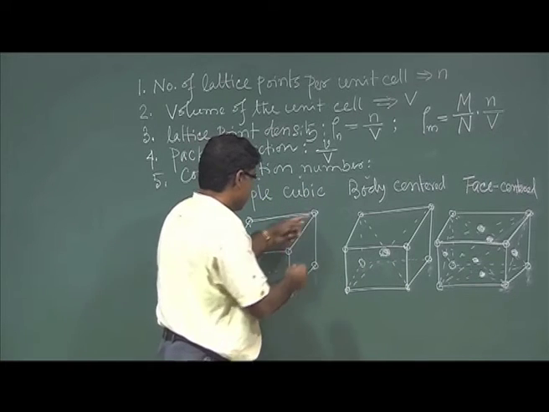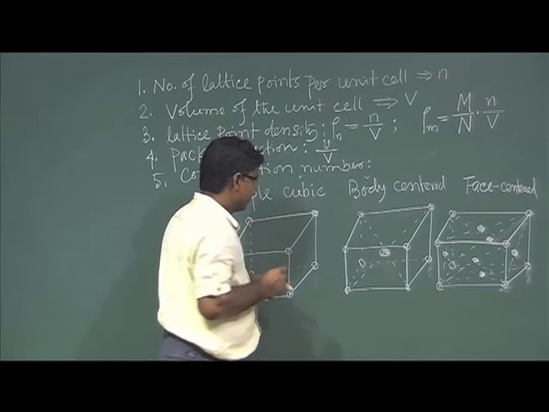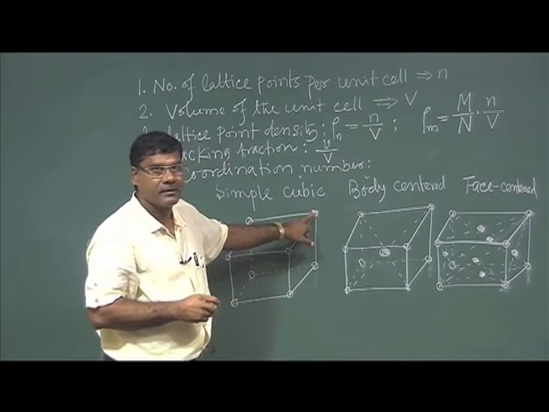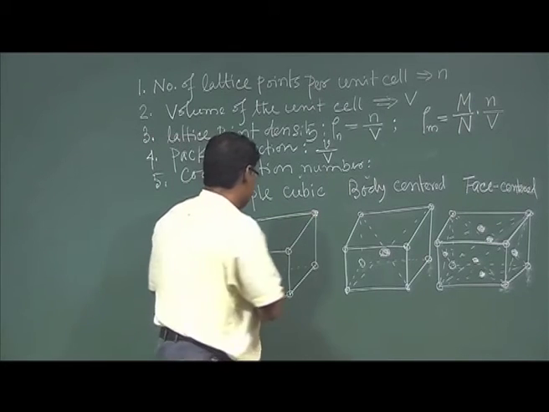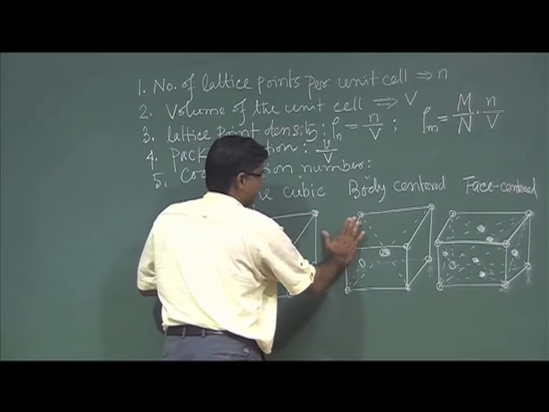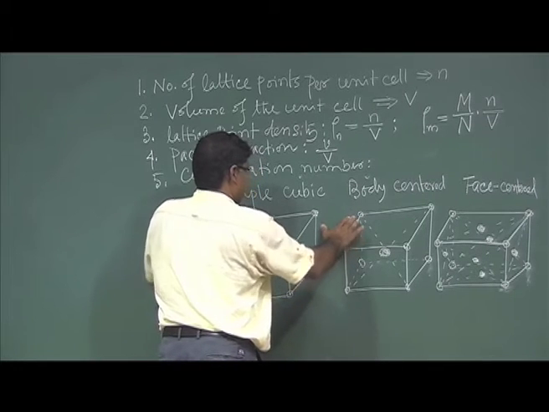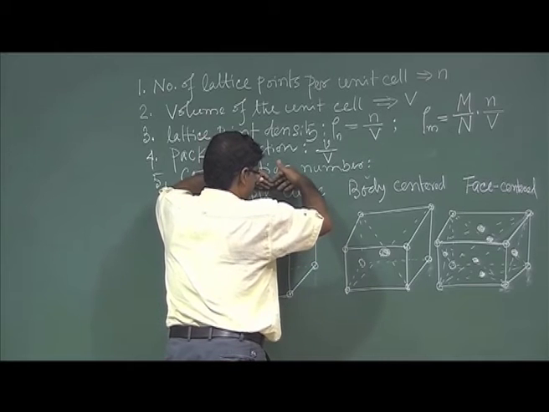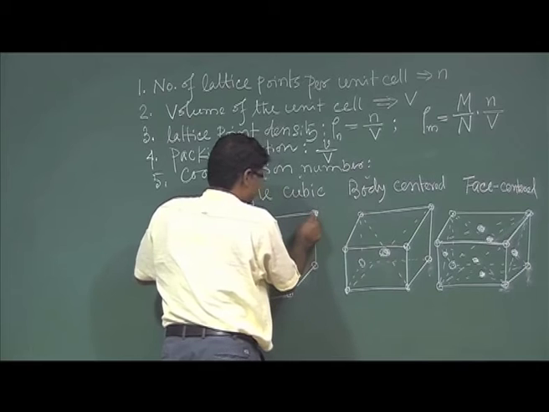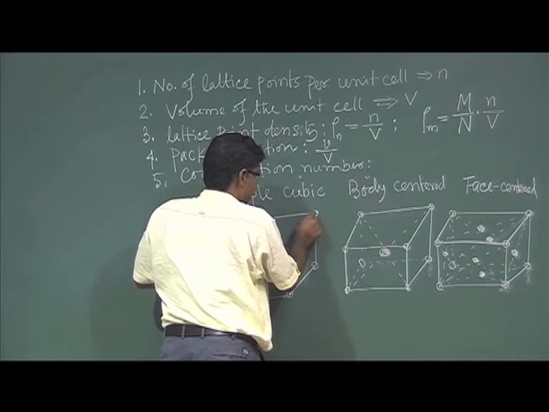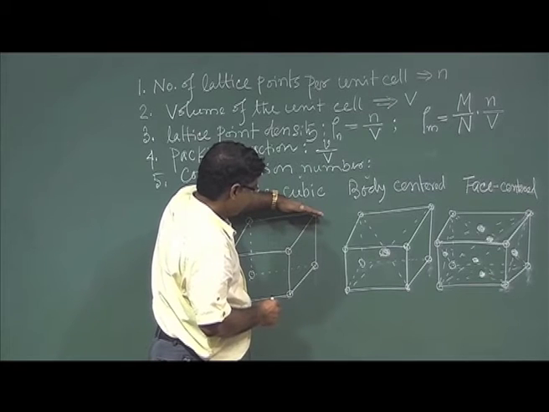So, each corner will attach with how many unit cells, that we have to find out. You can see that on this side there will be one, and on top of it 2 more. So, these 4 will have these corners.